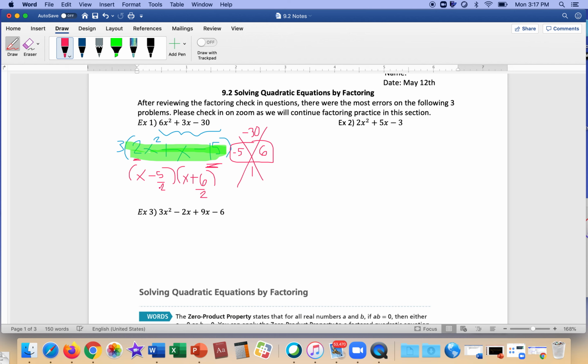So 5 over 2 doesn't simplify, so the 2 comes in front of the x coefficient, so we have 2x minus 5. And 6 over 2 simplifies to 3, so we have times x plus 3. And then that GCF that we took out in the very beginning drops down.